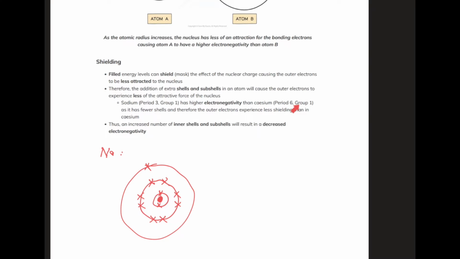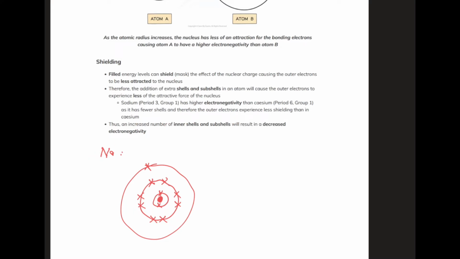So the shielding effect is very big in cesium, and the electronegativity is hence small. Cesium cannot attract the outermost electron that much. As sodium has fewer shells, the outer electron experiences less shielding than in cesium.